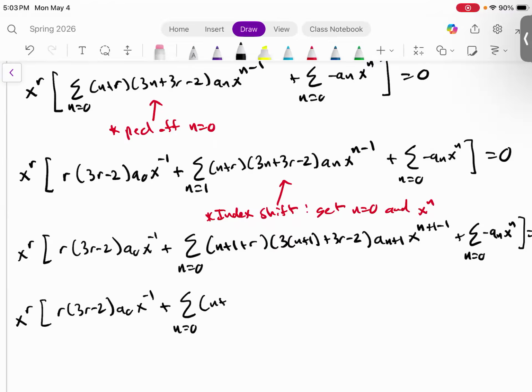I'm going to do n plus r plus 1. If I distribute in that 3, I get 3n plus 3 minus 2, which would just be 1, a sub n plus 1, and then just x to the n. All right, so it works out great.